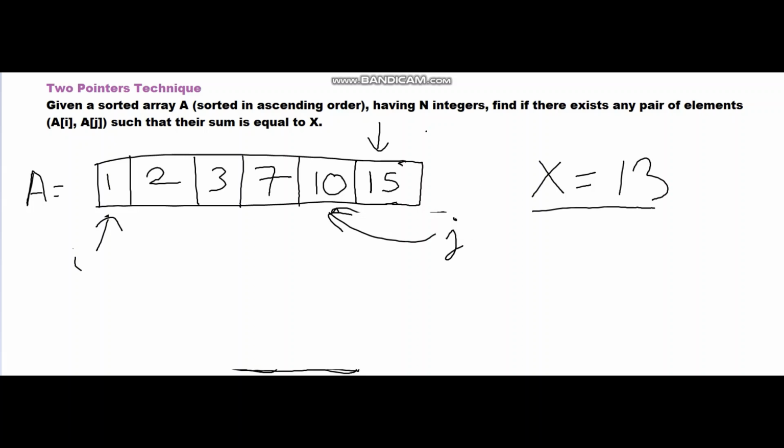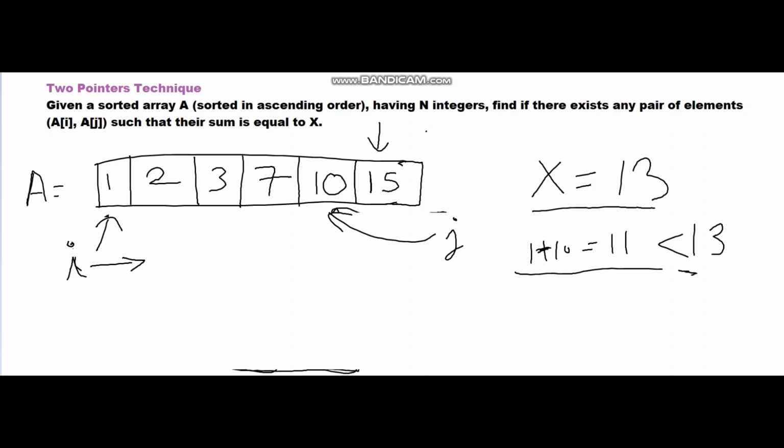Now 10 plus 1 is equal to 11, which is less than 13. So now we have hit another situation where the summation of i and j is less than the required number. In this case, what we have to do is basically increment our i towards the right.